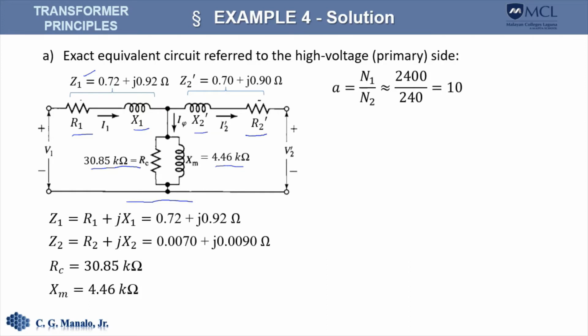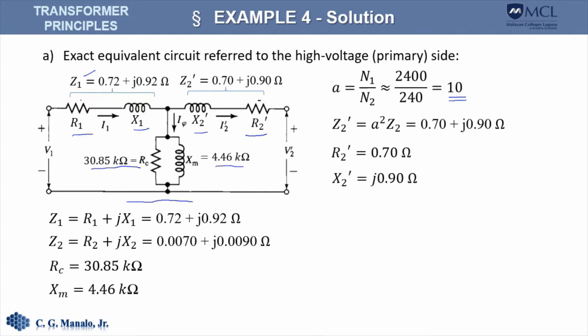So to get Z sub 2 prime, we simply multiply Z sub 2 by the square of the turns ratio. So here's the turns ratio. So it is equal to 10. So R sub 2 prime there is this one, and X sub 2 prime is this one.